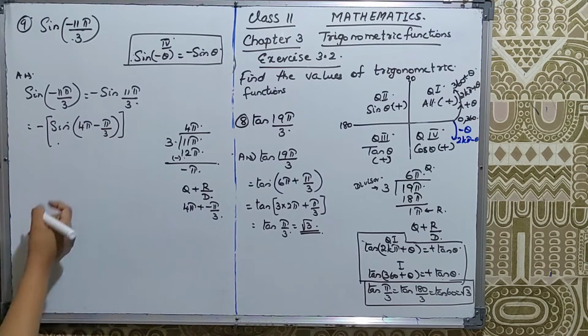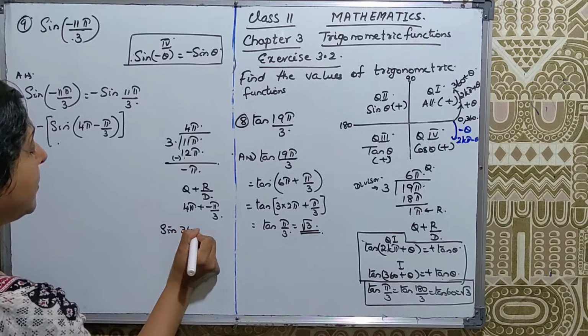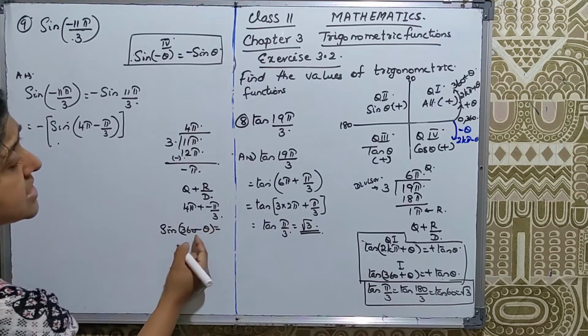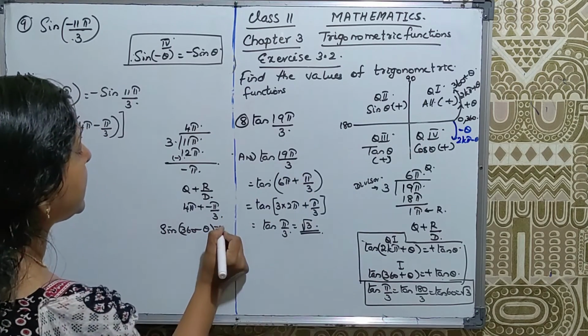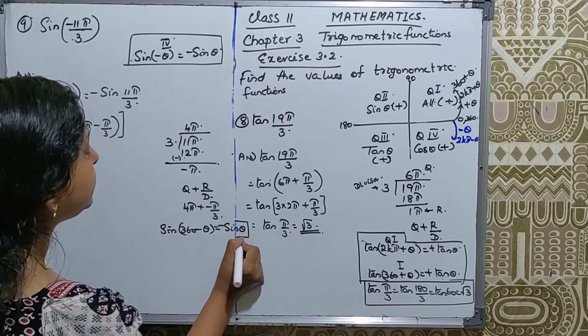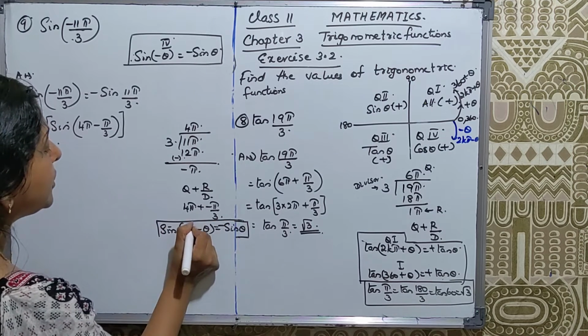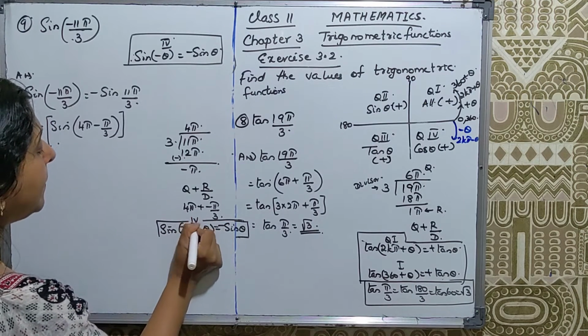So now sin(360 − θ): 360 minus theta will belong to the fourth quadrant, so it will be minus sin θ.